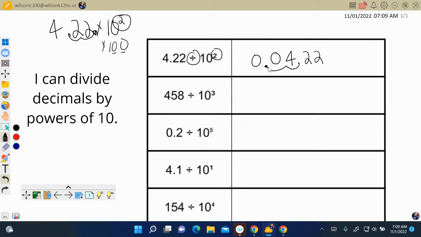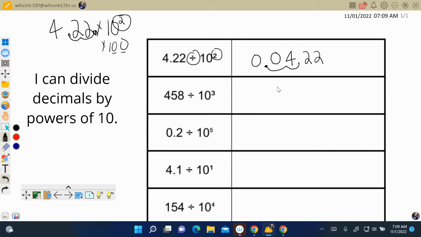I want you to notice, we do not have 2 zeros here because it's 10 to the second power. We have 2 zeros here because once we swoop twice, we need a 0 in front of the decimal, just because it makes it easier to see that decimal, and then a 0 in our swoop blank. So our answer is 0.0422. We're not going to say these correctly because we haven't learned decimal places this big, but it's going to be a good thing to practice dividing by those powers of 10.